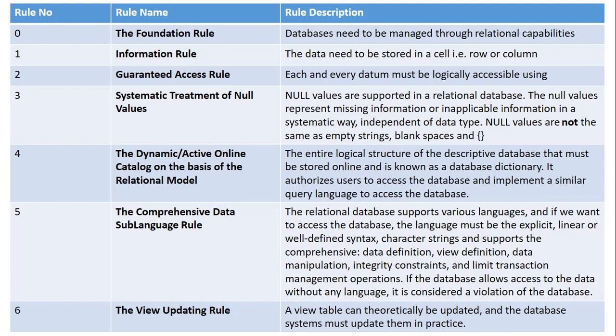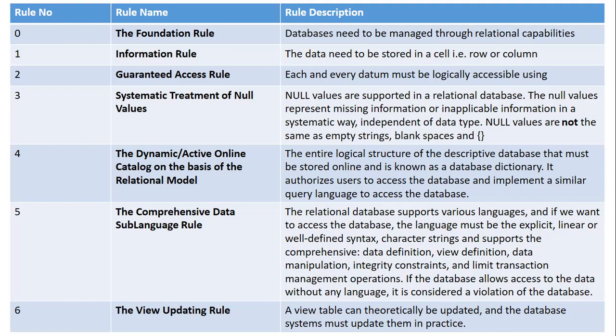We'll understand this when we create a table and see how we get a column. That is what this particular rule refers to. And whoever is authorized to log into the database should be able to see the objects or the cell values. Once the authentication has been completed, they should be able to view them using some kind of query line. And that is the dynamic active online catalog on the basis of the relational model.